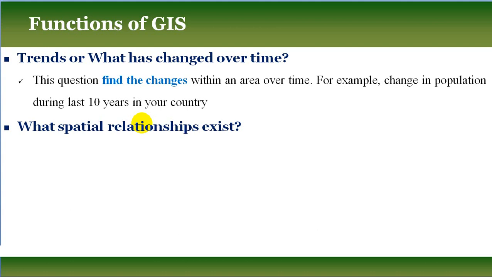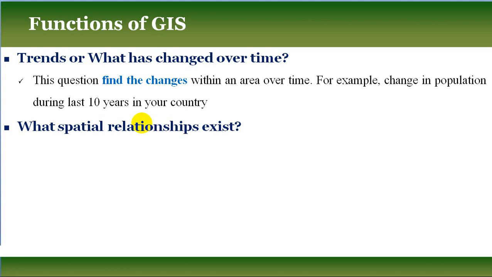So those types of spatial relationships GIS software can also find out. Whether one geographical feature is contained by another geographical feature, this type of spatial relationship can also be found out by the GIS software.